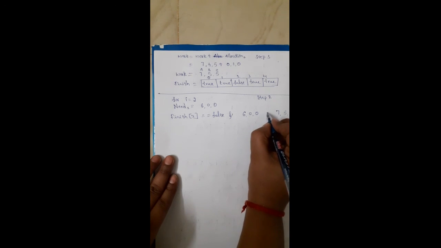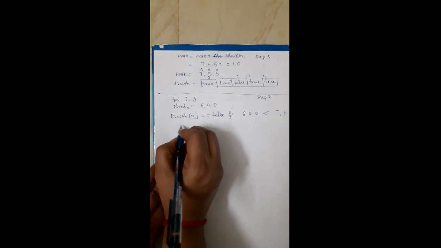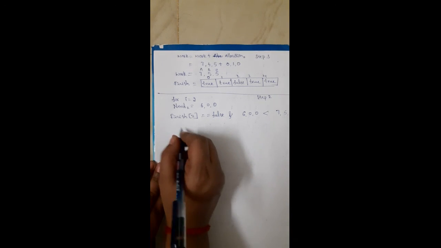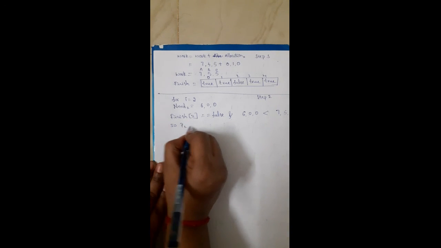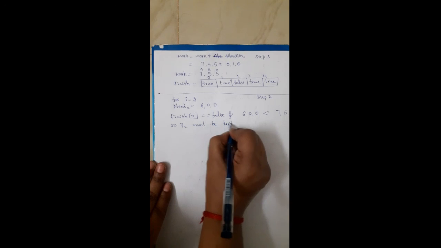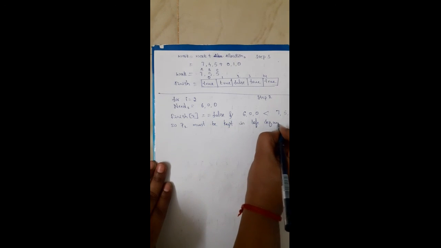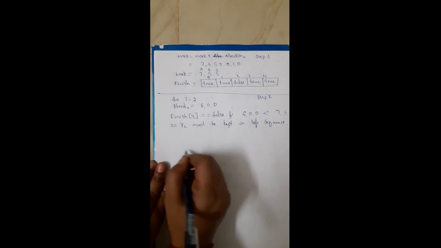So obviously need is lesser than the available or work, right? So since it is lesser, P2 must be kept in safe sequence. I hope this is clear to everyone, right?